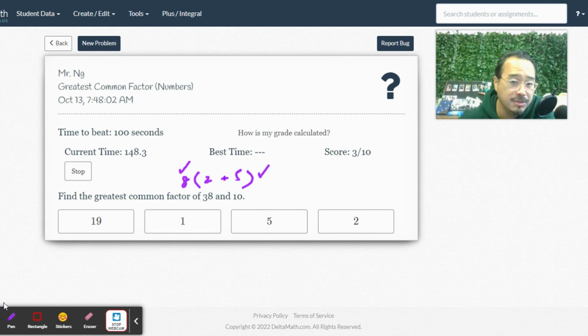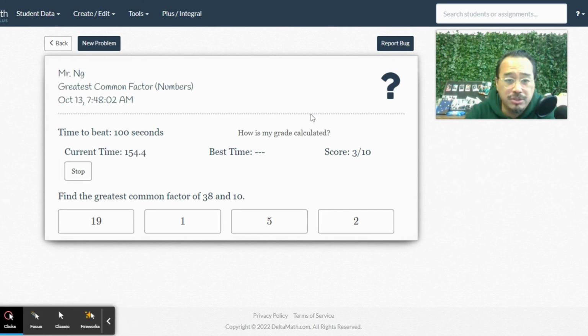Okay, now I'm going to keep going, a little bit faster because I want to finish. Between 38 and 10, 5 doesn't go into 38, right? But 2 does, and it's going to have to be 2. Between 15 and 12, what do you think? What's the largest number that can be divided completely into 15 and 12?